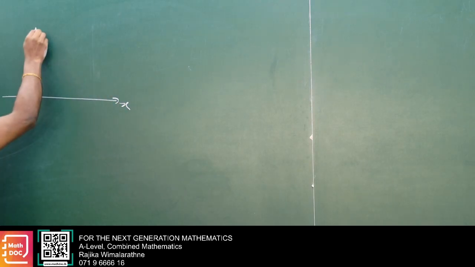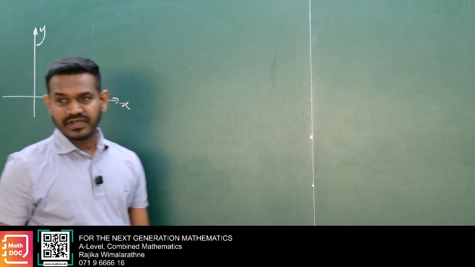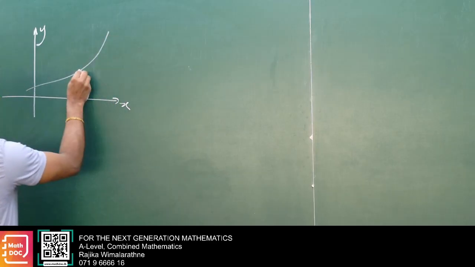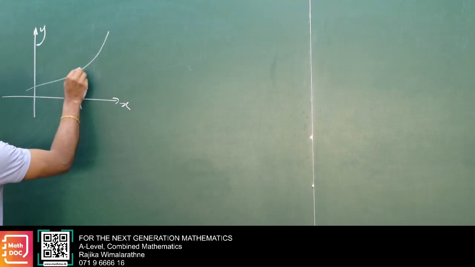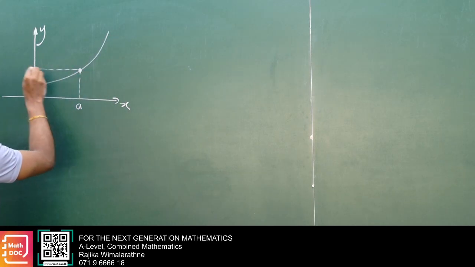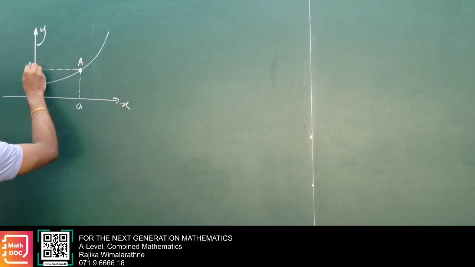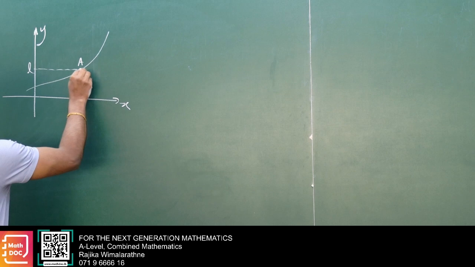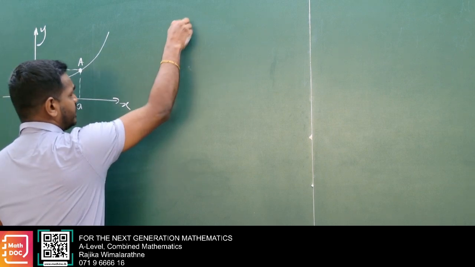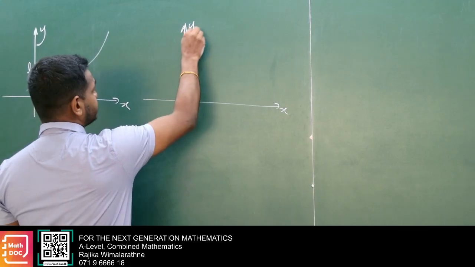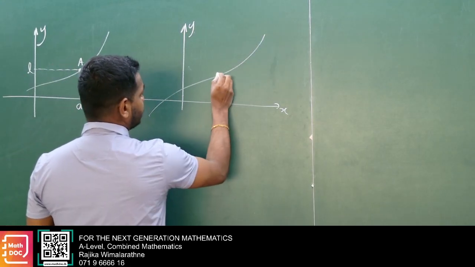Okay, now see a function. Here x-axis, y-axis. Take this function like this. Here point A, here fixed value A, here L, here this point. Now you get another function. I'll give you examples, but for now you identify the type here.